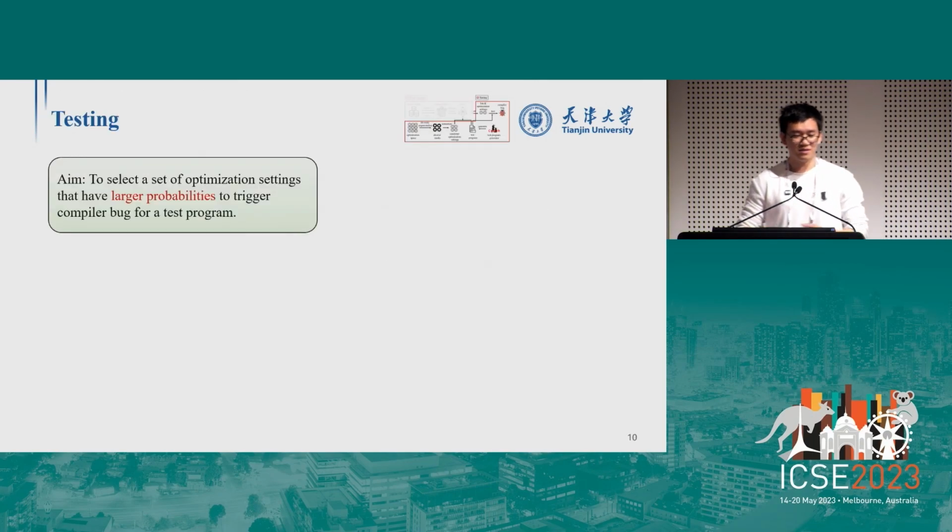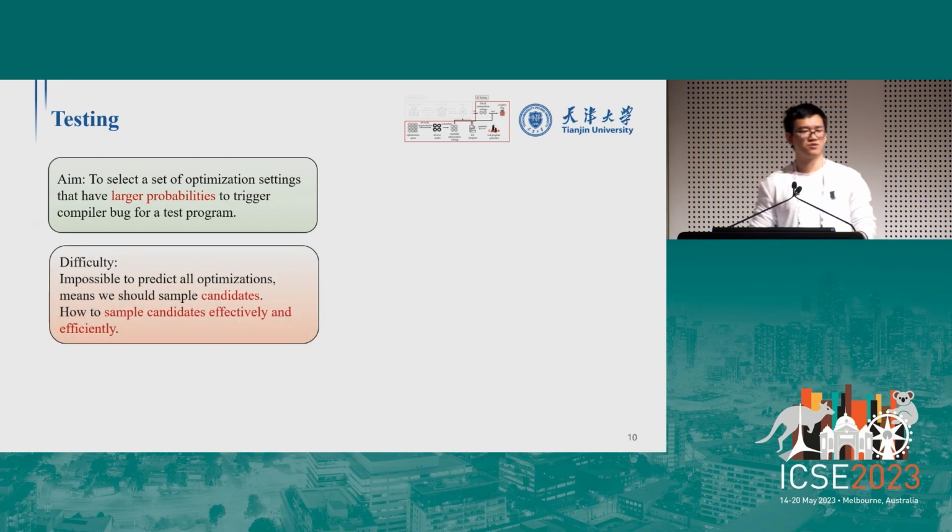And the testing process aims to select a set of optimizations that have larger bug triggering probabilities for each test program. However, it's impossible for us to predict all optimizations for each given test program, so we should sample some candidates to predict.